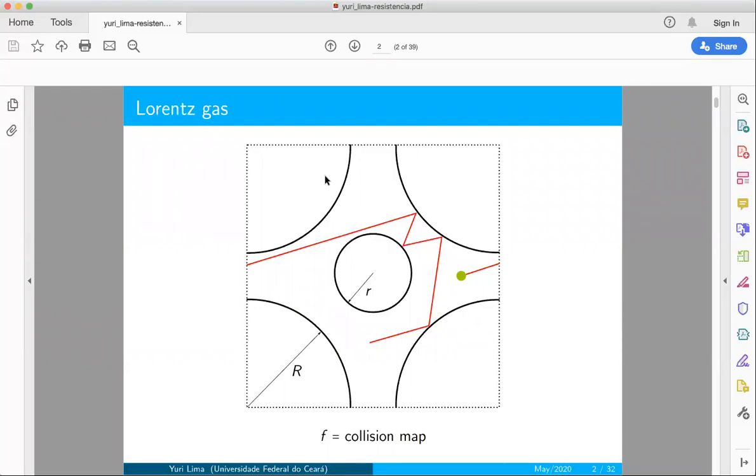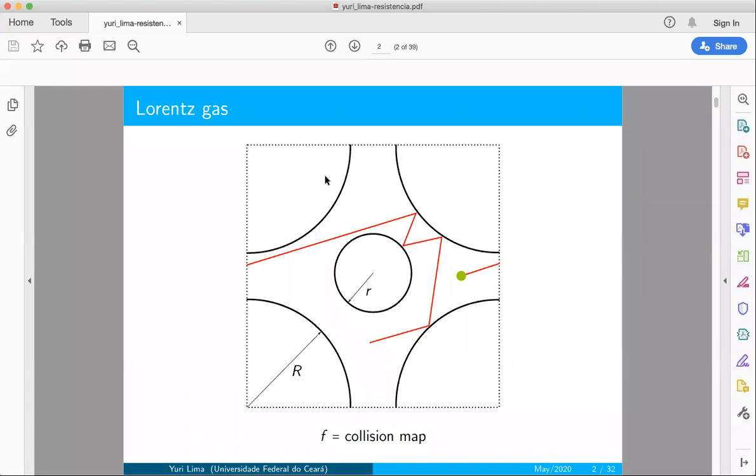We can consider the flow associated to this, or we can consider what is known as the collision map, or as Sinai called it, the derived map, which is just the discrete time map that to each position in the boundary of the obstacle and direction with respect to the normal direction at this point, associates the next hitting position and the next angle of the next collision, and so on.